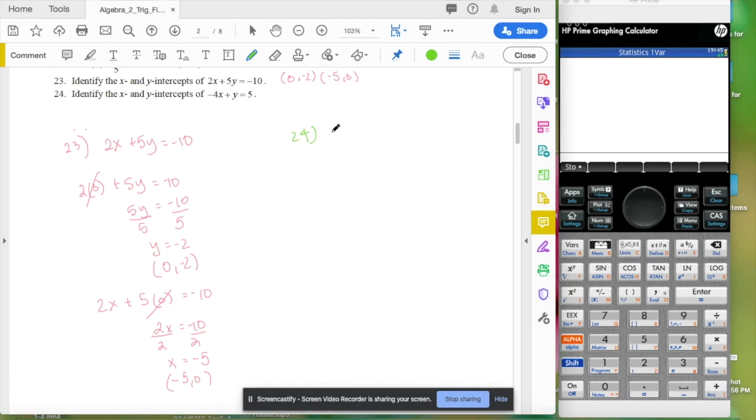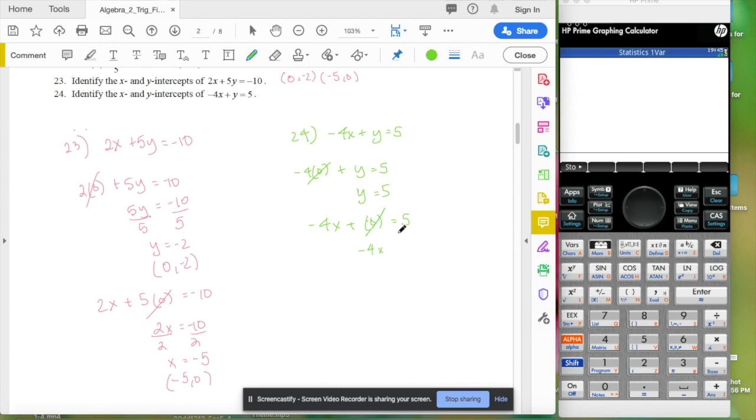All right, so I have 4x plus y equals 5. I'll plug in 0. So 4 times 0 plus y equals 5. That cancels out, so we just have y equals 5. Then I'm going to plug in 0 for y, so I have 4x plus 0 equals 5.